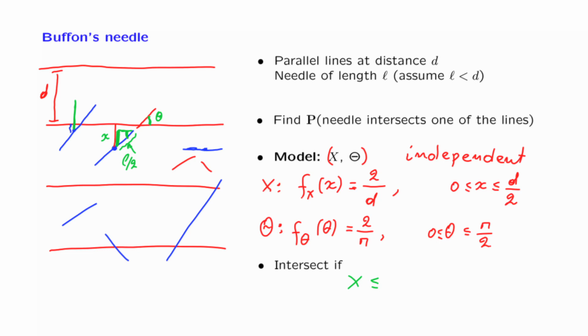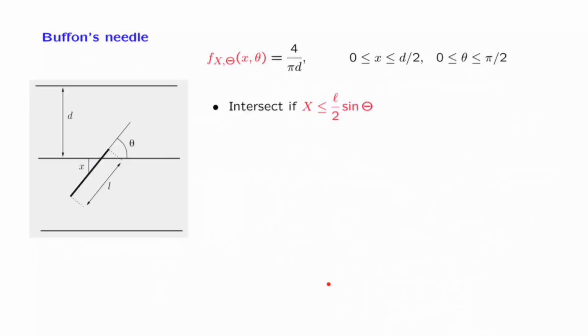Therefore, this vertical segment is equal to L over 2 times sine theta. So this is the geometrical condition that describes the event that the needle intersects the nearest line, and all we need to do now is to calculate the probability of this event.